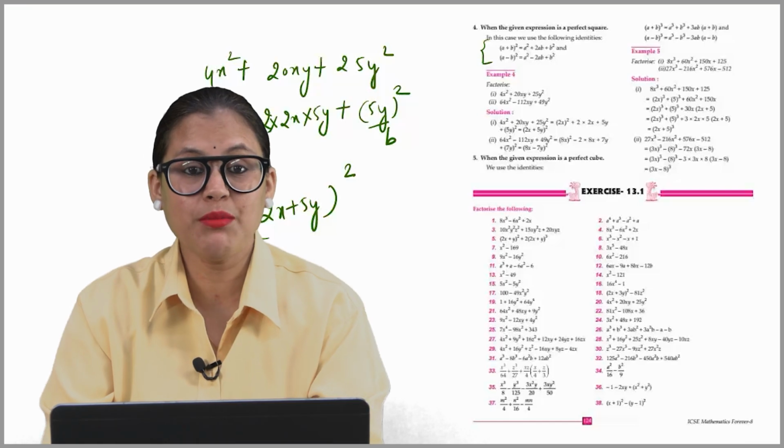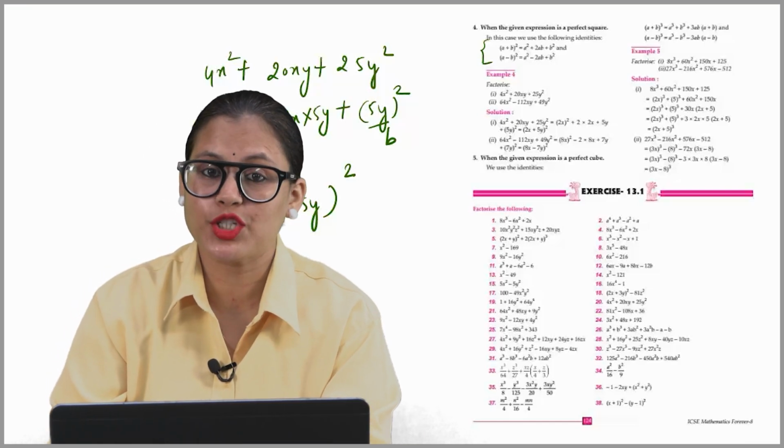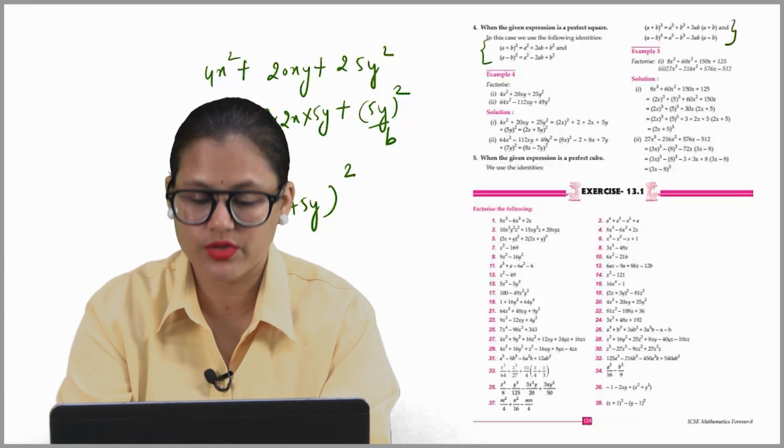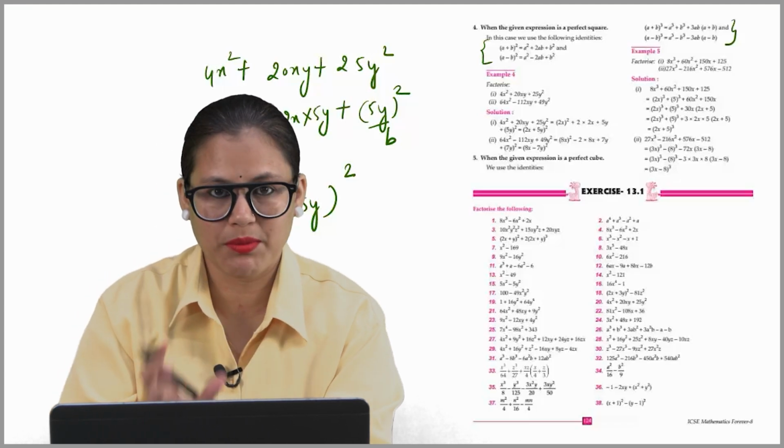Number 5, when the given expression is a perfect cube, then in this case we use these identities. Do remember to memorize these identities.